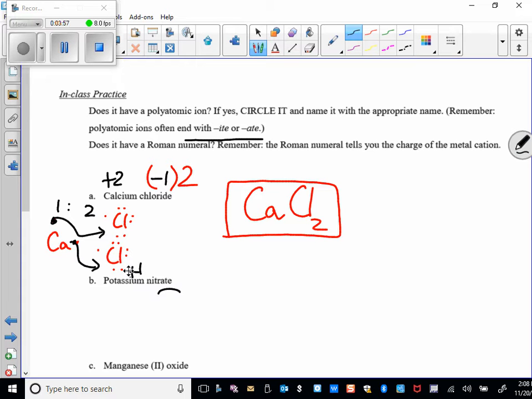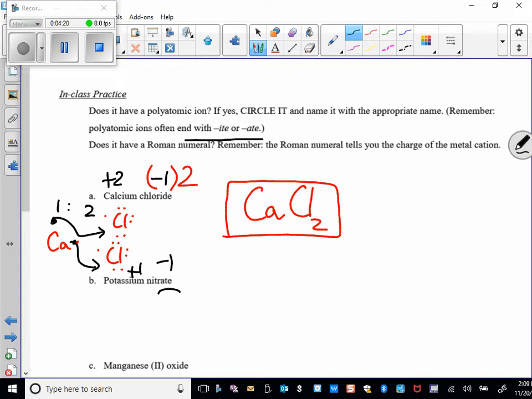It's an ate. It's a nitrate. So on your test or on your quiz, you can write that ate on top. And once you look at it, you know it's polyatomic. What was the charge on nitrate, by the way? Nitrate is a -1.